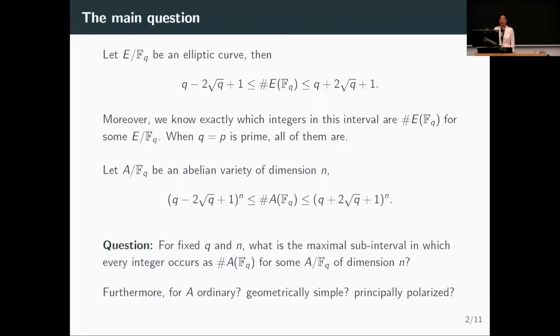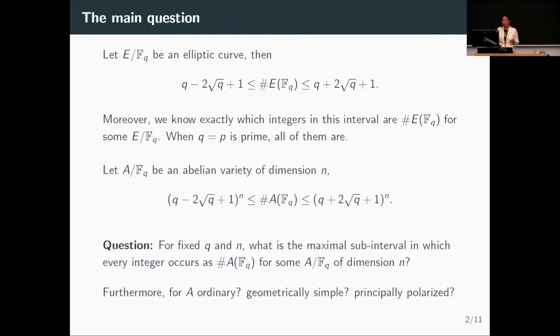Then it's very natural to ask for the generalization to Abelian varieties. If I have an Abelian variety of dimension n defined over a finite field, again, the Hasse-Weil bound tells you that there's an upper bound and lower bound for its order. And its upper bound and lower bound, as you can see, is exactly the nth power of that for elliptic curves.